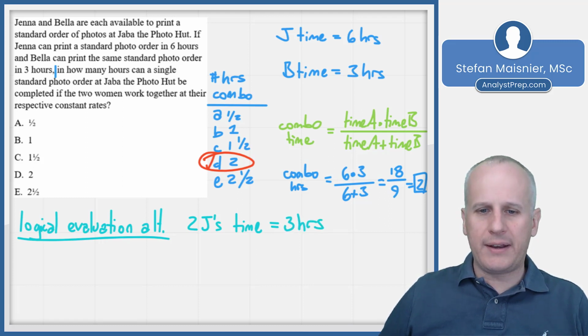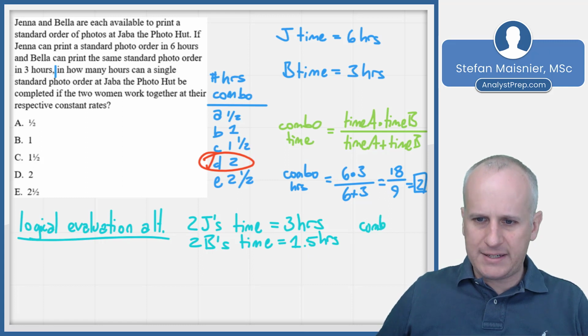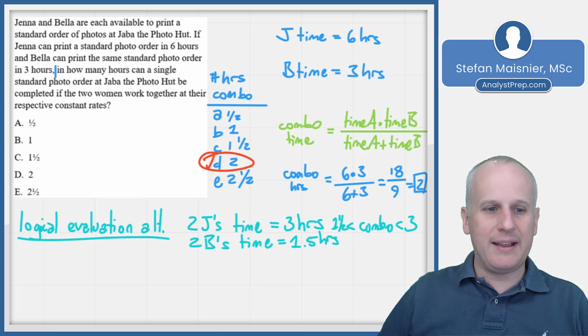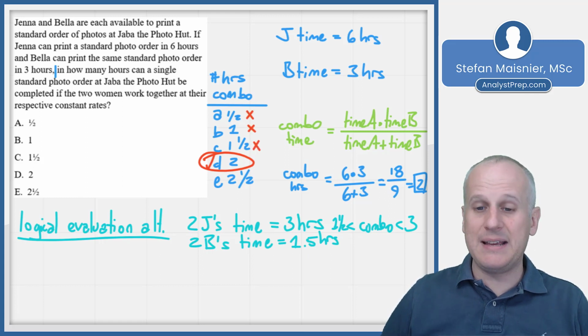And we know that two B's time would be exactly half as well. That'd be 1.5 hours. So we know that the combo has to be in between these two values. So it has to be greater than 1 and 1/2, but less than 3. And that allows us to eliminate choice A, B, and C immediately. And then I'm just down to D and E.